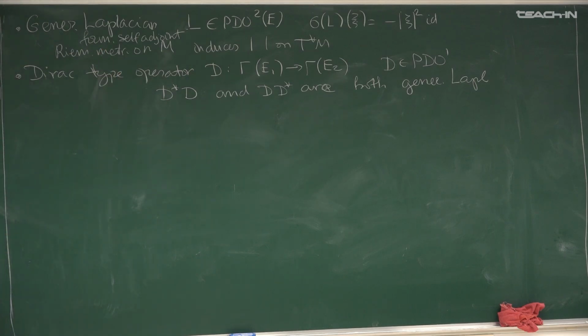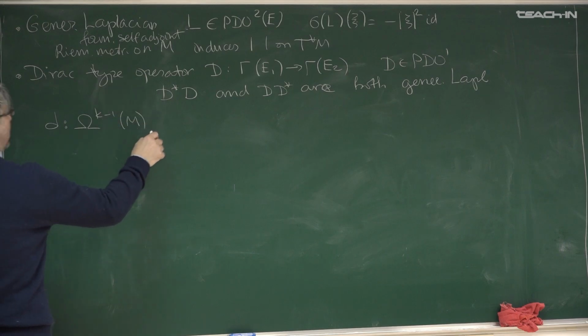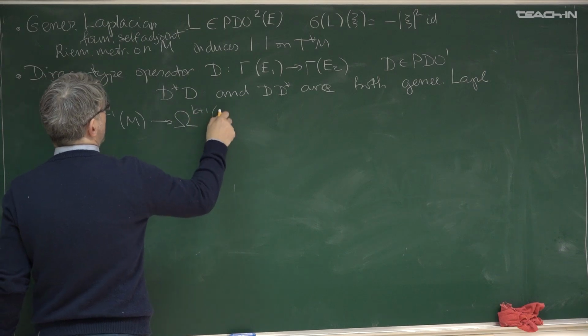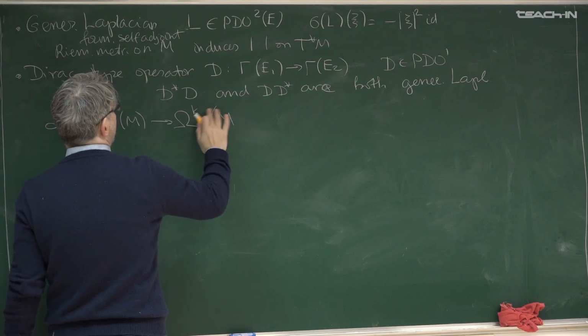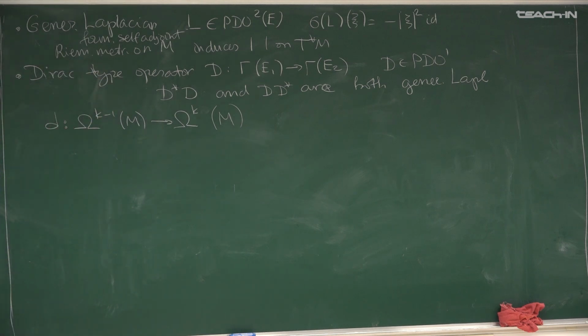An example, a very important example. We consider differential forms. We remember that differential forms are sections of the exterior power of the cotangent bundle.